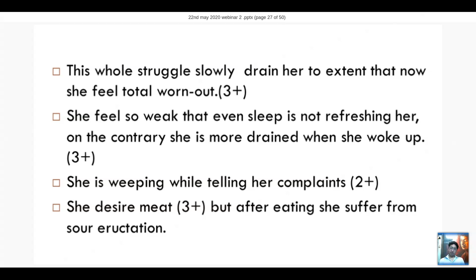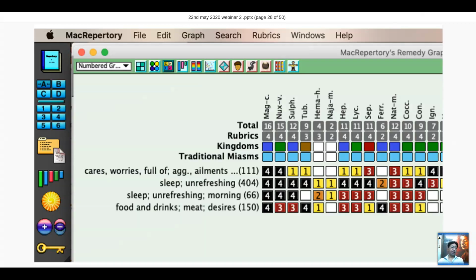and sleep symptoms, they are pointing to the same remedy. So in this case, the essence is of one remedy, and the totality is also of the same remedy. Here we all know the remedy, Magnesium carb. If we put the symptoms together, we get Magnesium carb, Nux vomica, Sulphur.